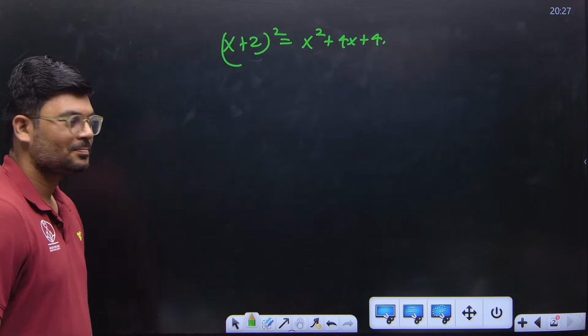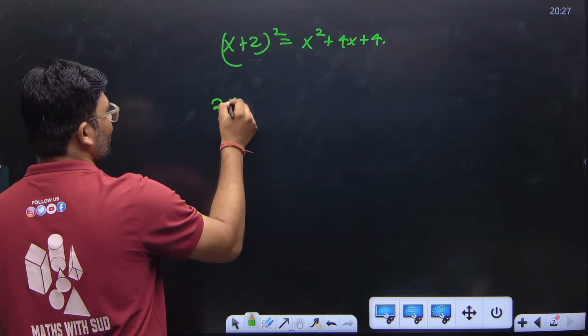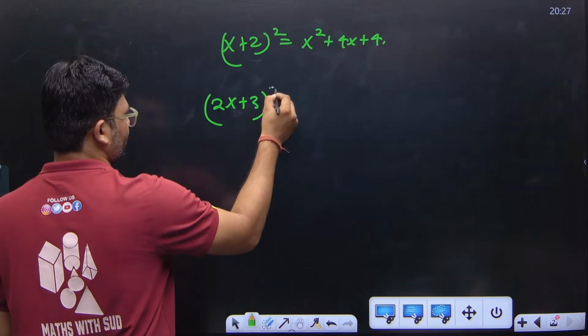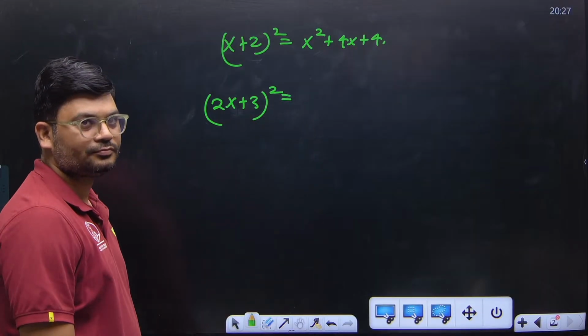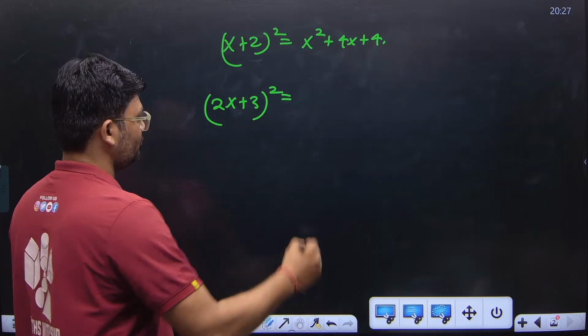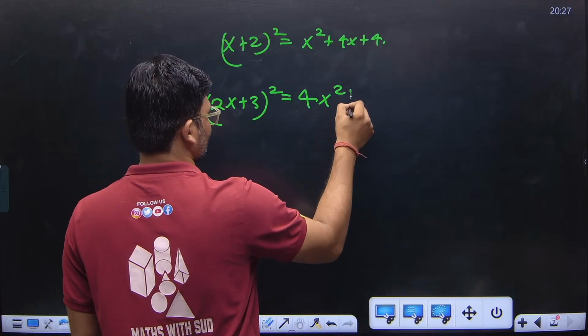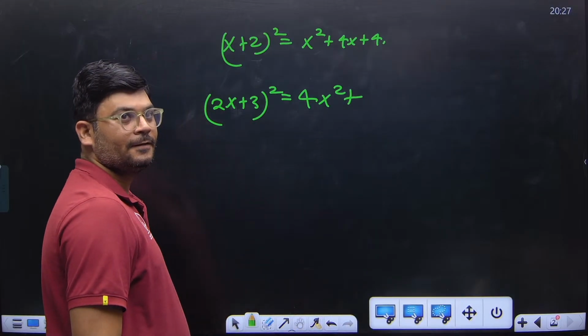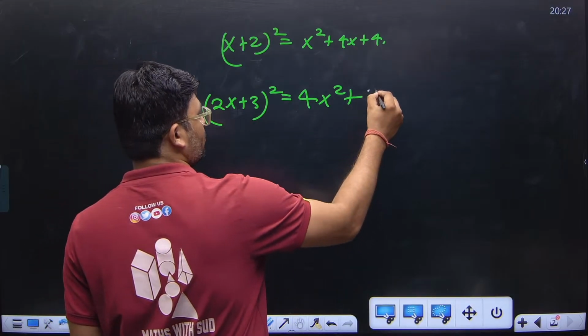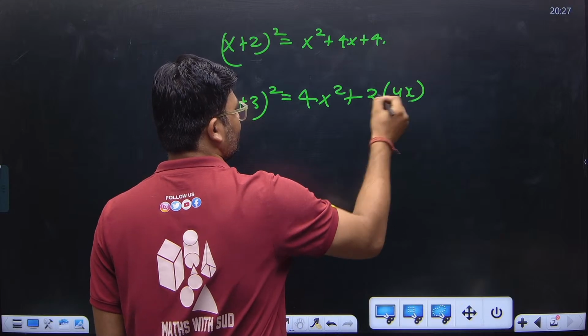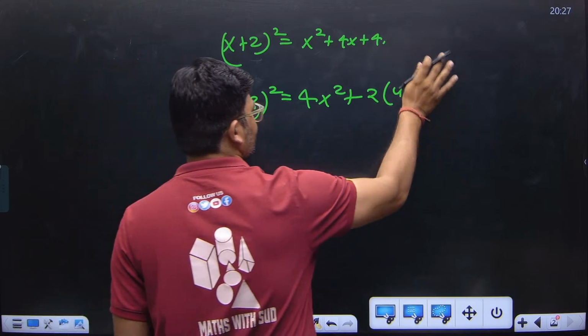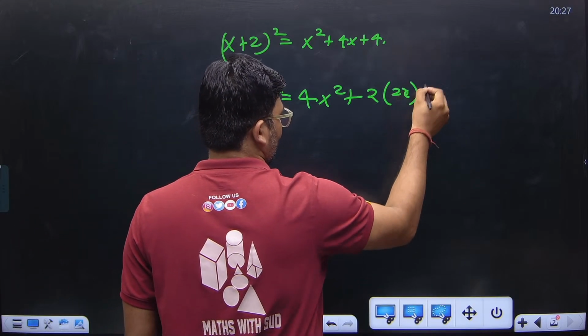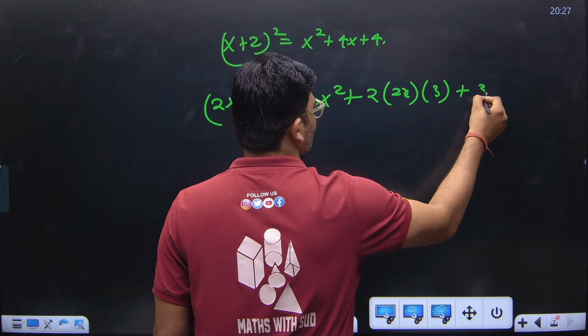Yeah. Tell me, what is 2x plus 3 whole square? 4x square plus. So 6x, no, don't say 6x. You will say 2 into 2x into 3 plus 3 square, right?